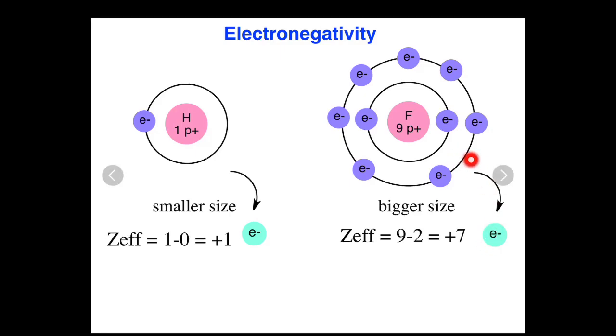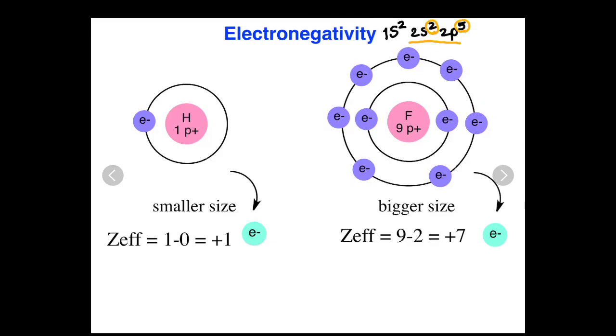If I write the electron configuration for fluorine, it's going to be 1s2, 2s2, and then 2p5. If you add the number of electrons together in energy level 2, you have 2 plus 5, that's equal to 7, so that's why there are 7 electrons out here.